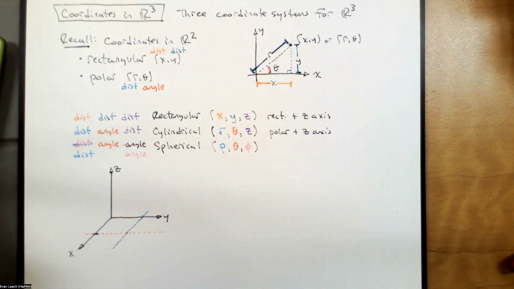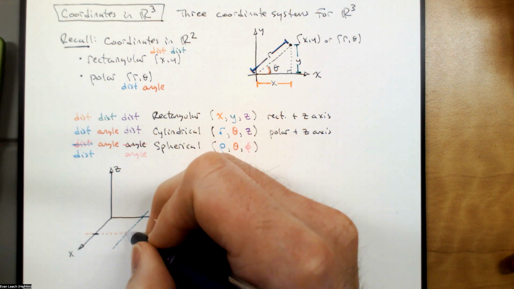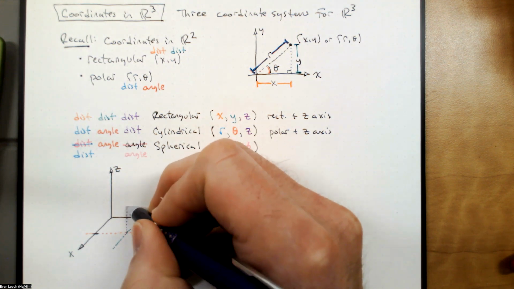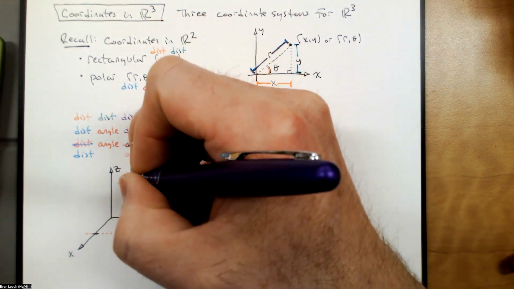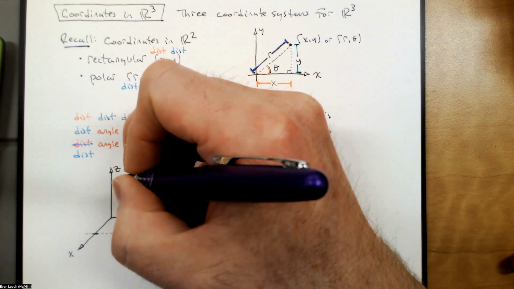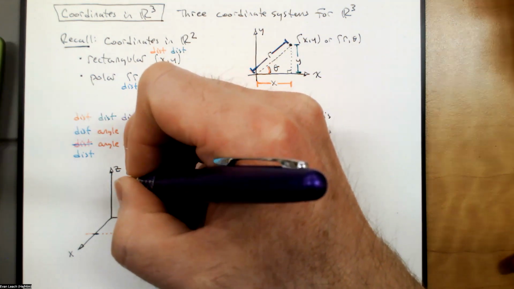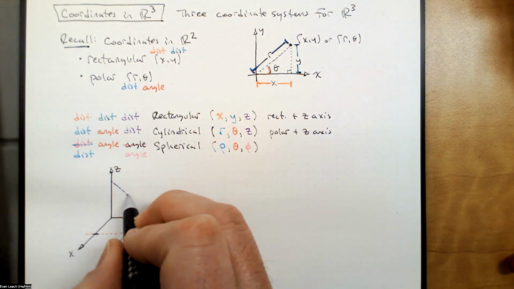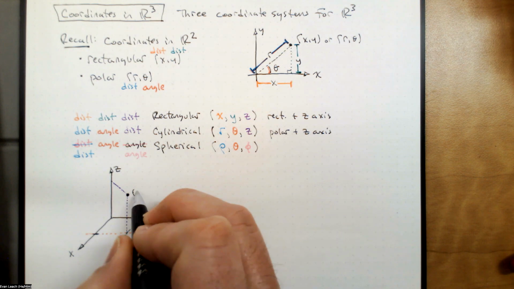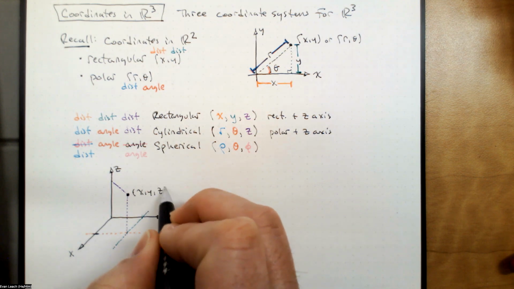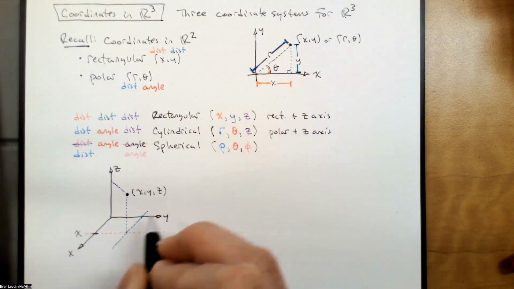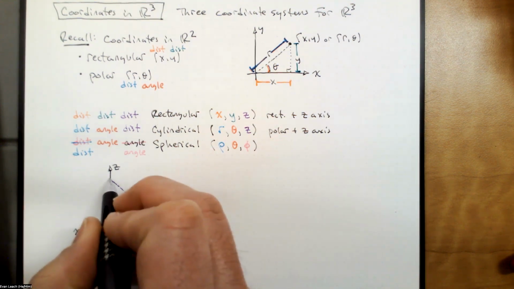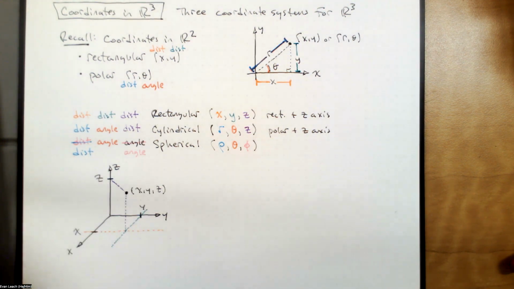And then I got some height on that. And so here I have coordinates X, Y, and Z. We just take that X and Y floor and we put a height on it.